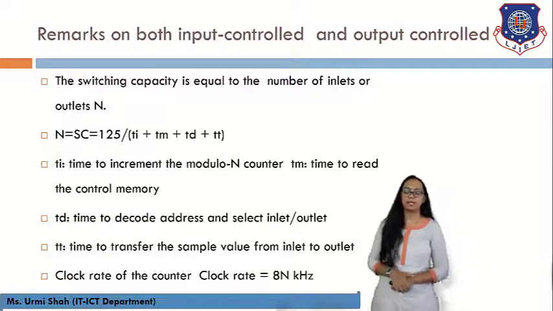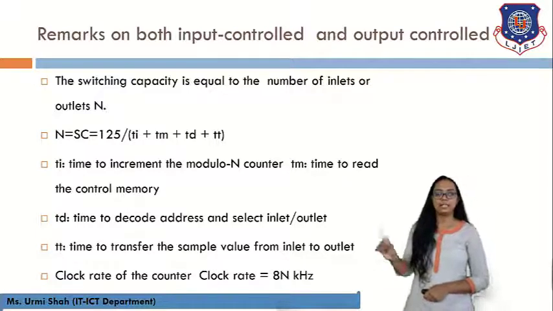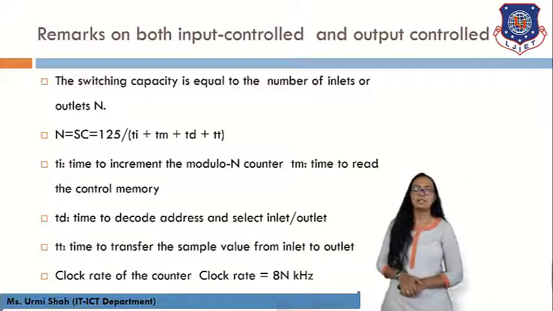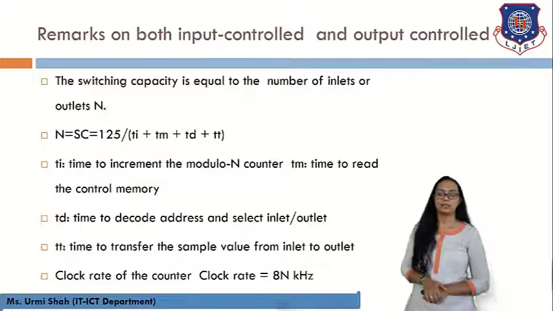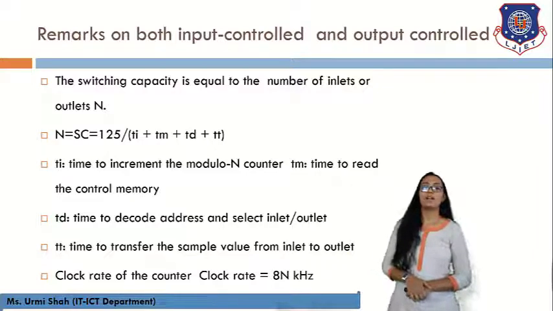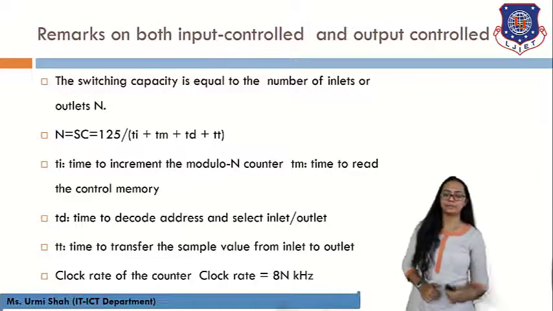TM is the time to read the control memory. TD is the time to decode, address and select inlet and outlet. TT is the time to transfer the sample value from inlet to the outlet.